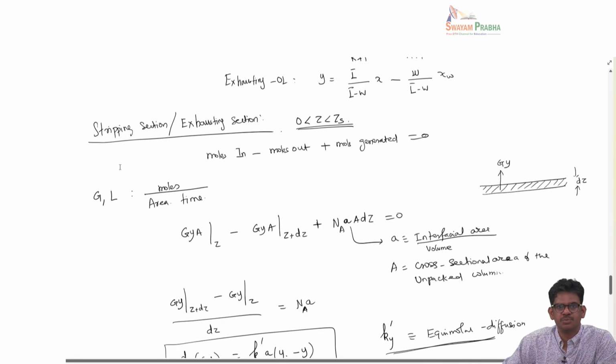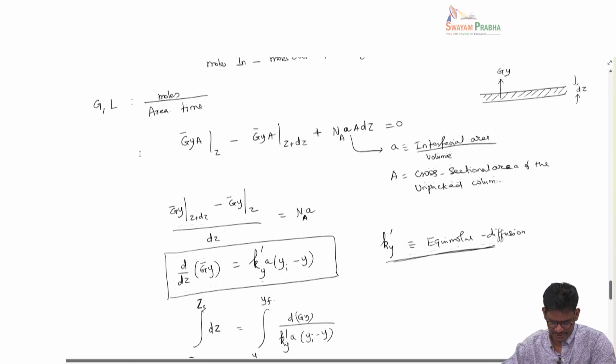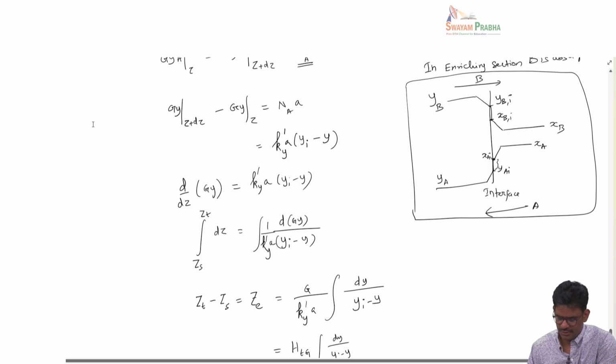So let me also make a small correction here. In the stripping section, we use this G bar here, because the vapor flow rates are different in the two sections, and here the limit should be YF to Y1.